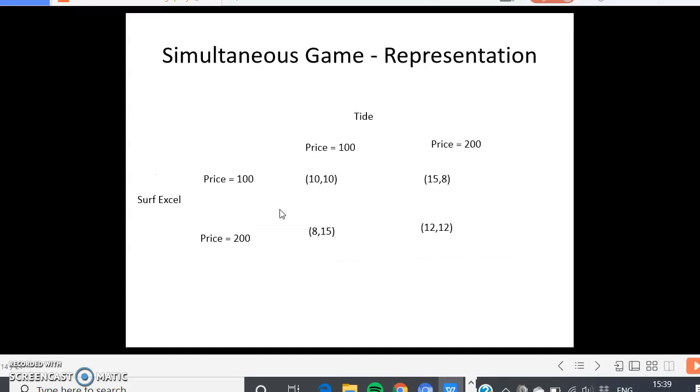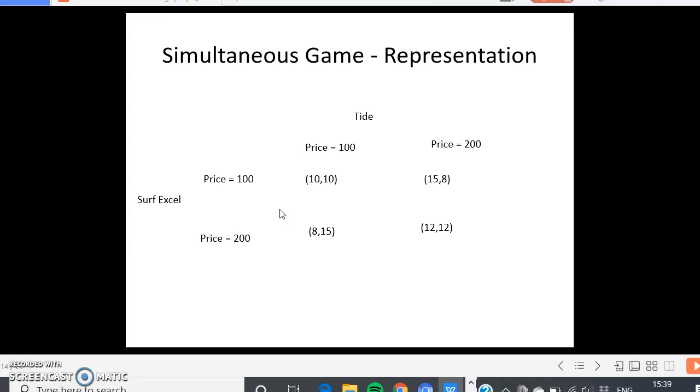Here you can see what the dominant strategy is. Let's assume that Tide has priced its product at 100 and Surf Excel decides to price its own product at 100. Well, in that case, its outcome or payoff is 10. But if it prices its product at 200, then its payoff is 8.